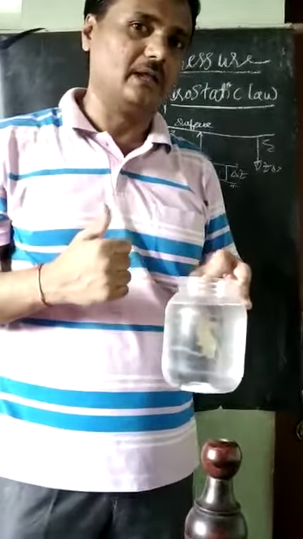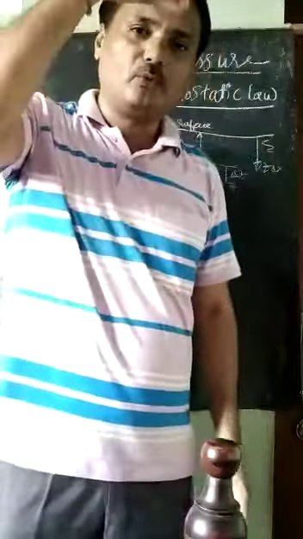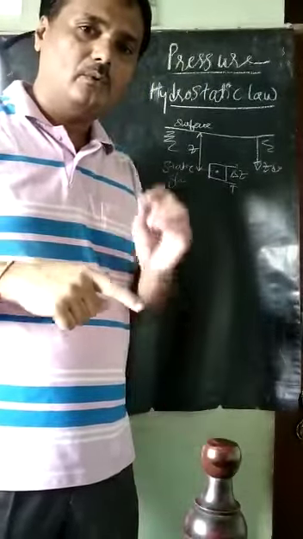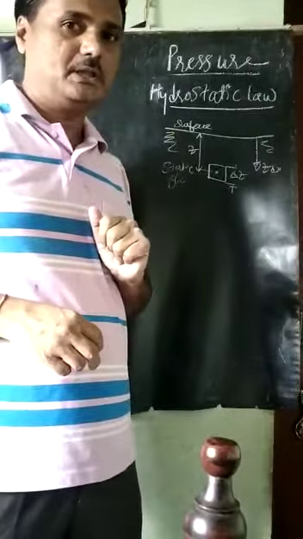So we will prove it. We will see how, when we are moving down in a static fluid from the free surface, the pressure depends on which parameter, by the derivation now.